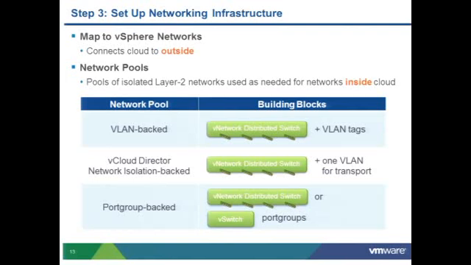The second option is called vCloud Director Network Isolation-backed network pools. And this uses a VMware technology that leverages MAC-in-MAC encapsulation to create private networks. It uses a combination of vCloud Director and what's built already into the VMkernel of vSphere. So when we provision these private networks, we add additional MAC headers to the network packets, to the frame, and it layers on top and creates a private network automatically for us.